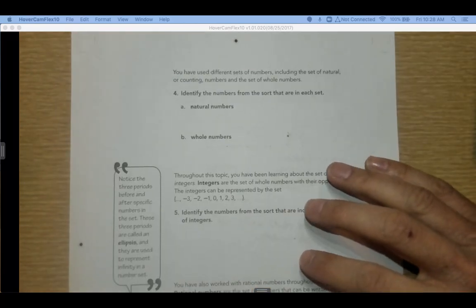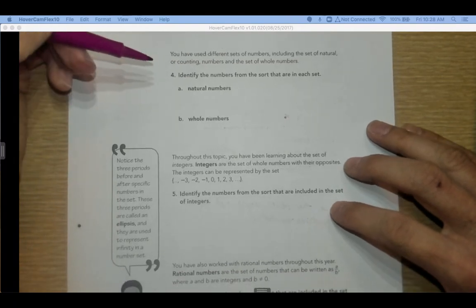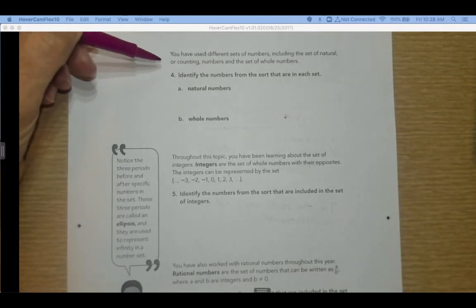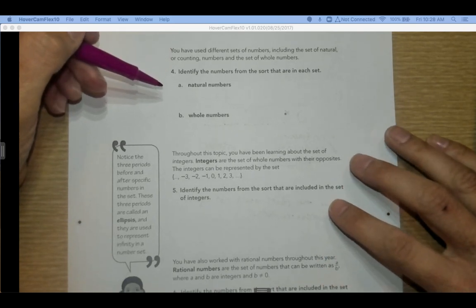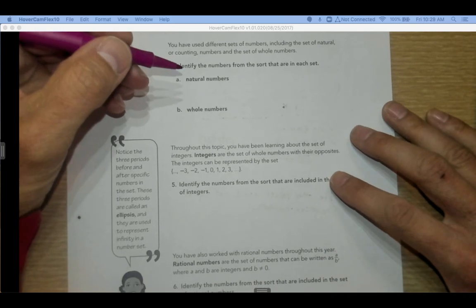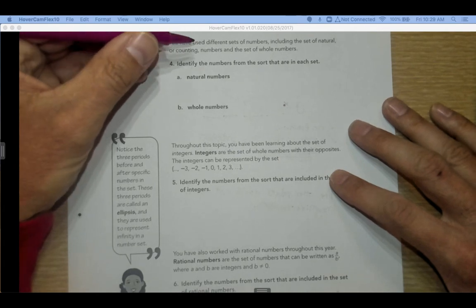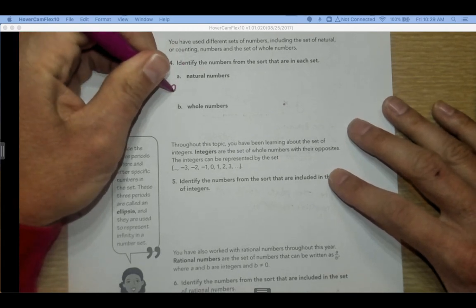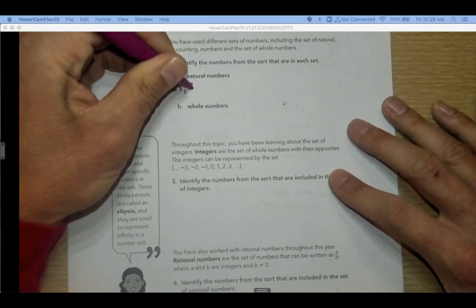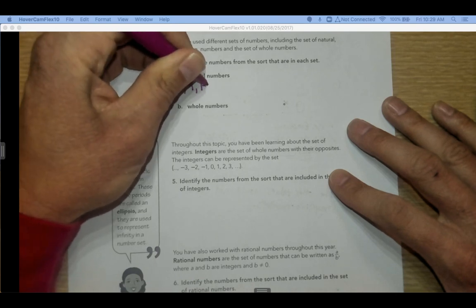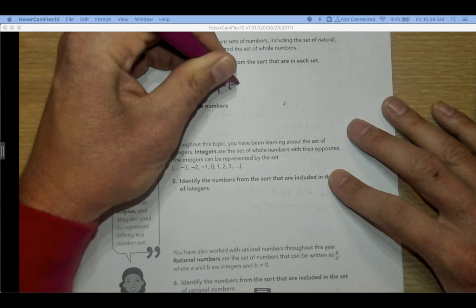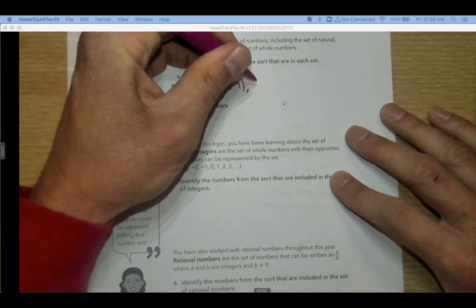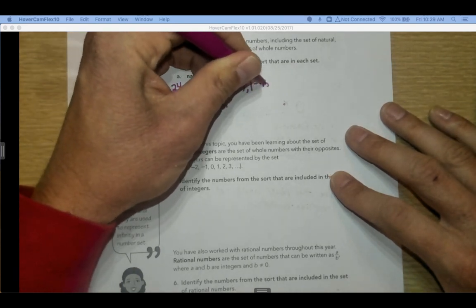All right. So you have used different sets of numbers, including the set of natural or counting numbers and the set of whole numbers. Identify the numbers from the sort that are in each set. The natural numbers would be 24, 9, the absolute value of negative 3, the opposite of negative 9, the absolute value of negative 452.